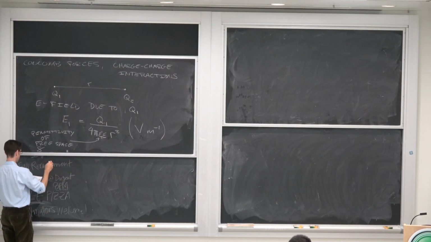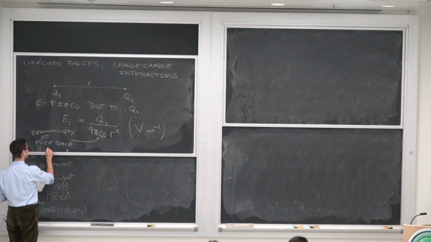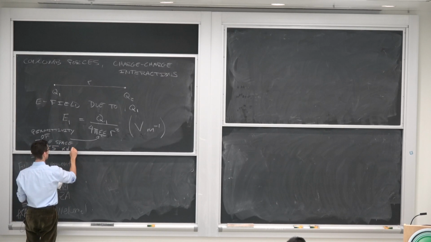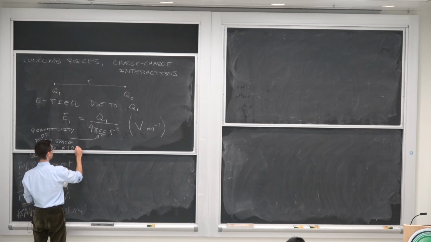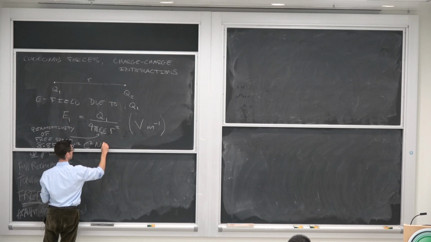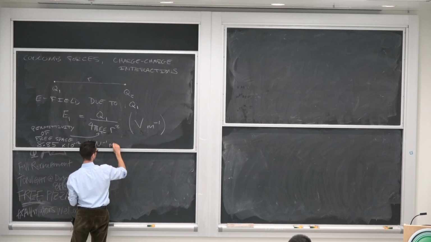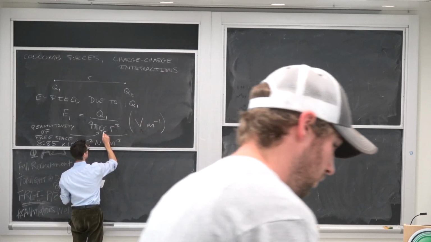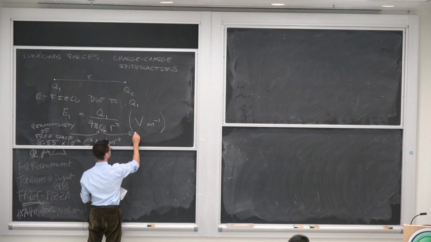And it has a value of 8.85 times 10 to the minus 12 Coulomb squared per Newton per meter squared. Epsilon is the relative permittivity.